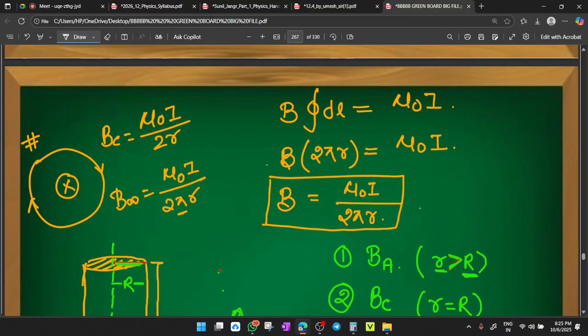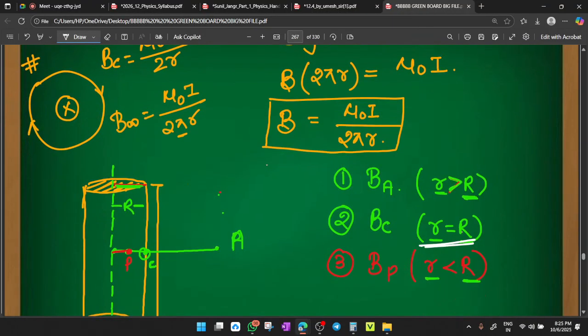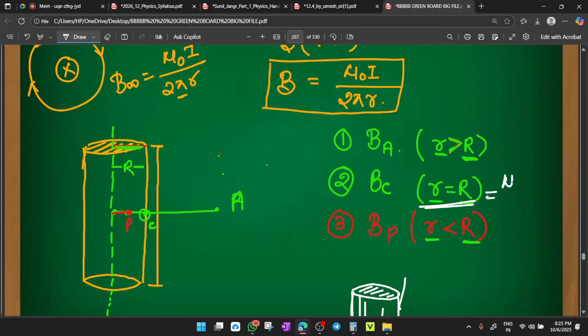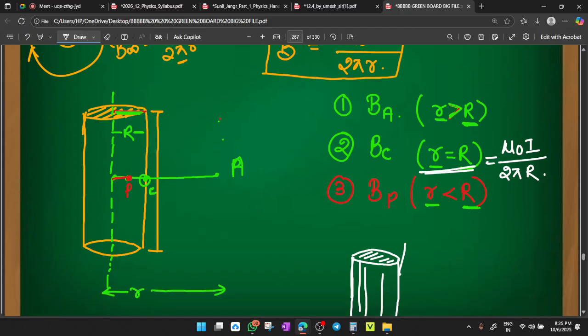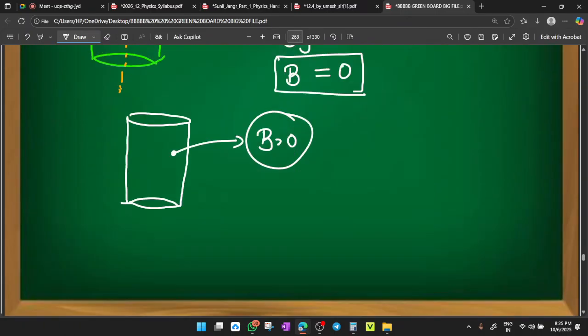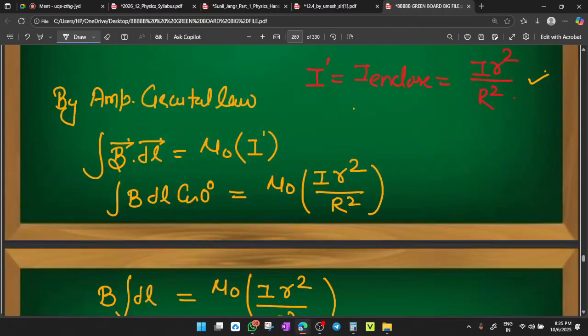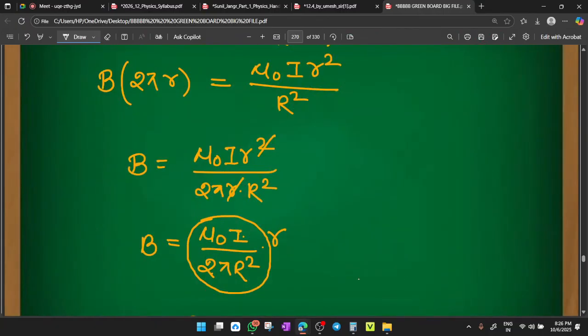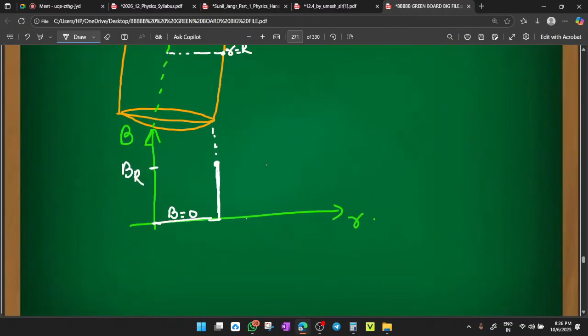So B at R, what will it be? Mu naught I upon 2 pi R. Mu naught I upon 2 pi capital R. Clear? And then if you're going outside the loop, your intensity will be inversely varying with respect to radius.